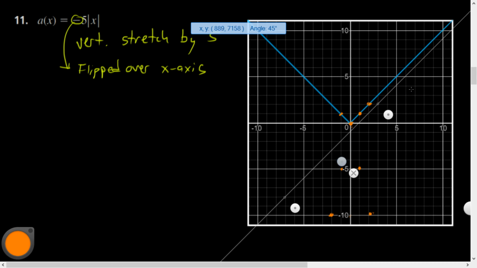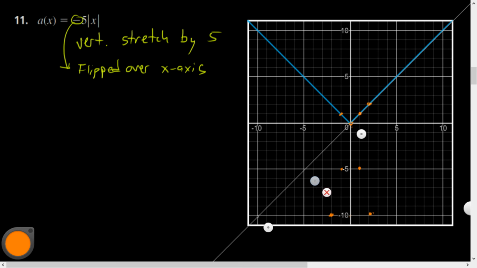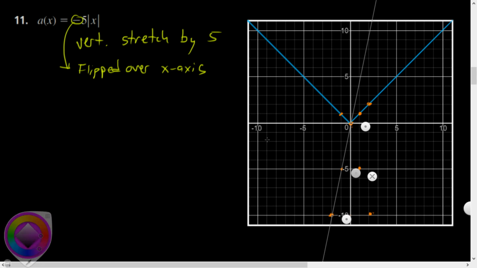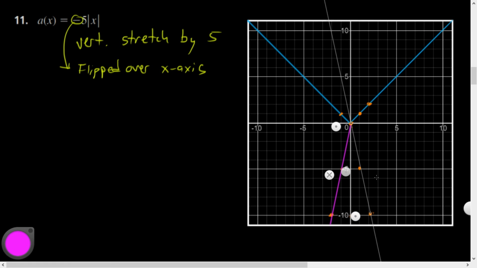So, did this change the shape of my graph? Yeah, it did. It changed the steepness of my graph. So, this is now upside down. It's a vertical stretch. And today we're actually going to talk about the slopes of this a little bit more.